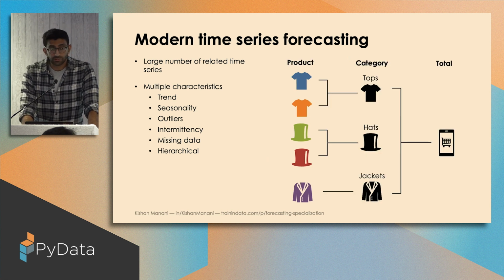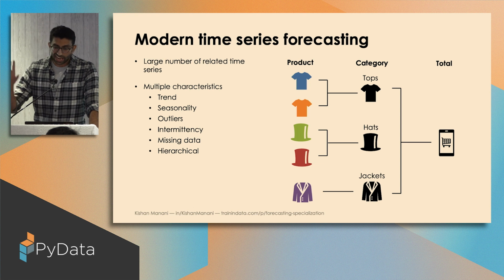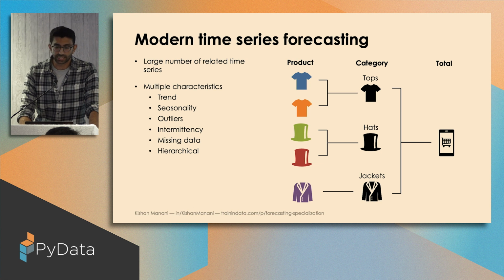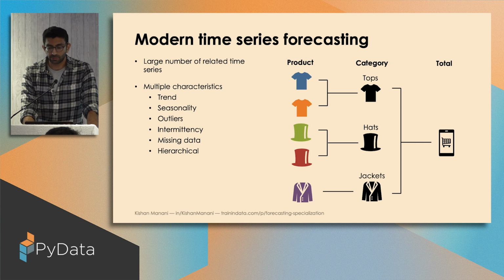You might also be interested in the hierarchical aspect of the problem. A lot of the times you won't just potentially predict things at a product level, you'll aggregate and look at a category level, at a total level, or by geography, and you want things to be consistent in that sense as well.